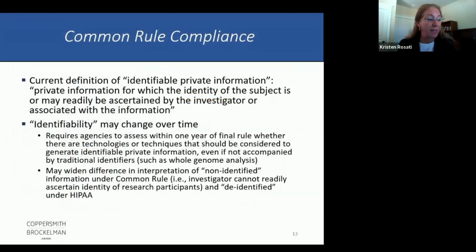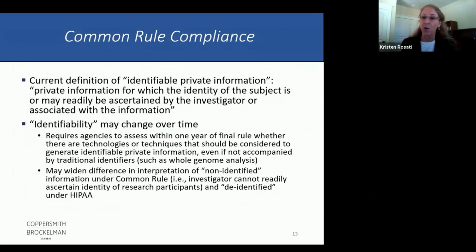So under the Revised Common Rule, the definition of what is identifiable private information, which is what is protected under that rule, didn't actually change, but the agencies that enforce the Common Rule are now required to assess whether there are certain technologies or techniques that should be presumed to generate identifiable private information, even if they're not accompanied by traditional identifiers.